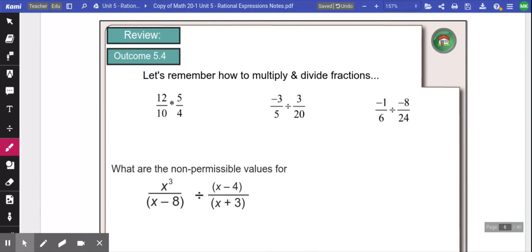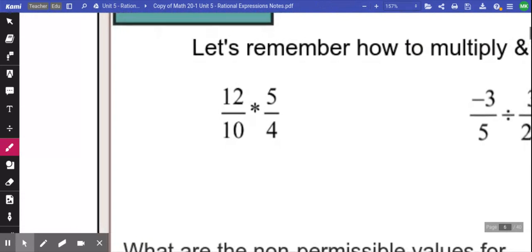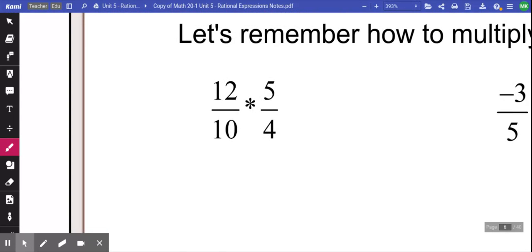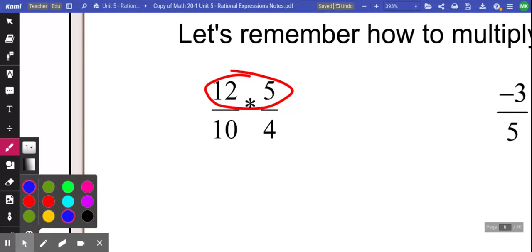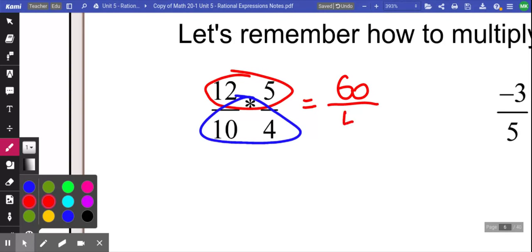Before we get into rational expressions, let's multiply and divide just numbers. So multiplying and dividing is actually easy, which is kind of nice. When you multiply fractions, all you have to do is multiply straight across the top and then multiply straight across the bottom. So on the top, 12 times 5 would be 60. And on the bottom, 10 times 4 becomes 40.